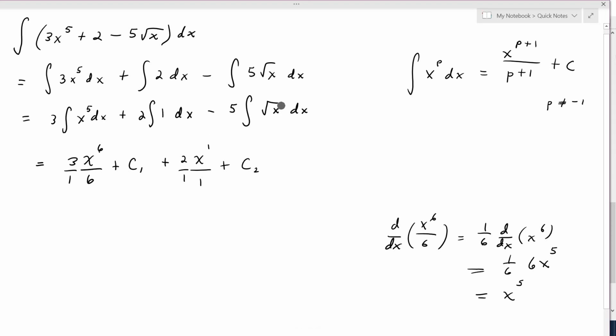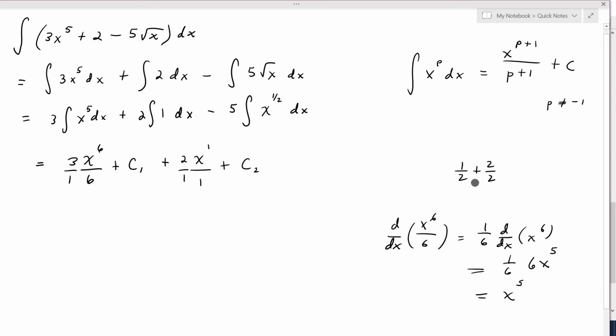Okay, now this last one, when you look at this square root, at first you may not know what to do because we haven't talked about the antiderivative of square root of x. But remember, the square root of x can be written as x to the 1/2 power. And that allows me to use the power rule. Okay, so I'm going to add 1 to the exponent.